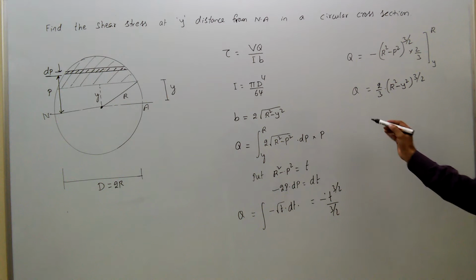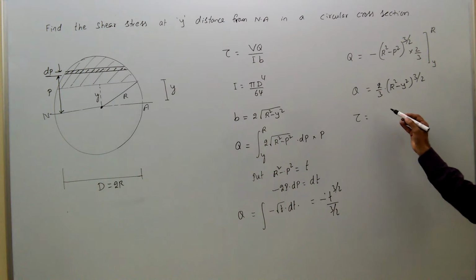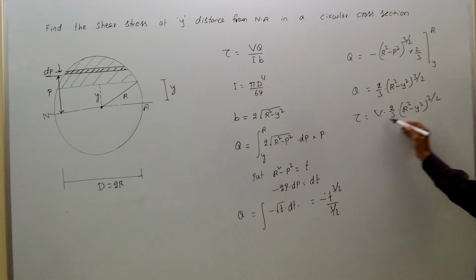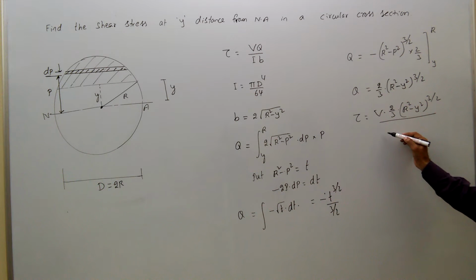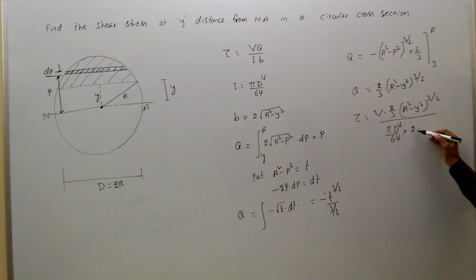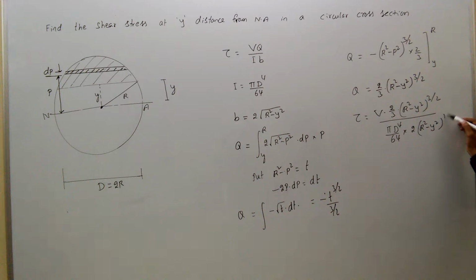So now shear stress tau equals VQ by Ib. So Q is this one, 2/3 of r square minus y square power 3 by 2, by I, which is pi d power 4 by 64. So b is 2 times r square minus y square under root, meaning power half.